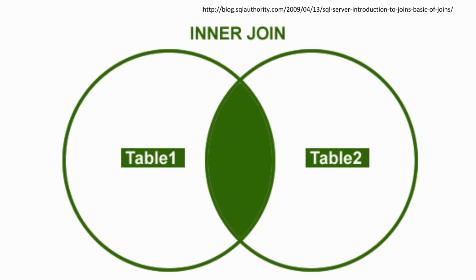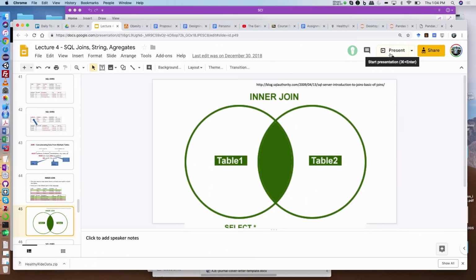So if table A has some unique identifiers that don't exist in table B, those will not appear in the final results, and vice versa. Whatever unique identifiers you have in table B that don't exist in table A will not appear in the final results.